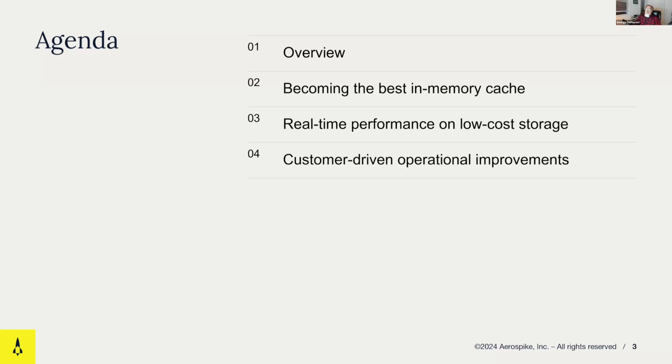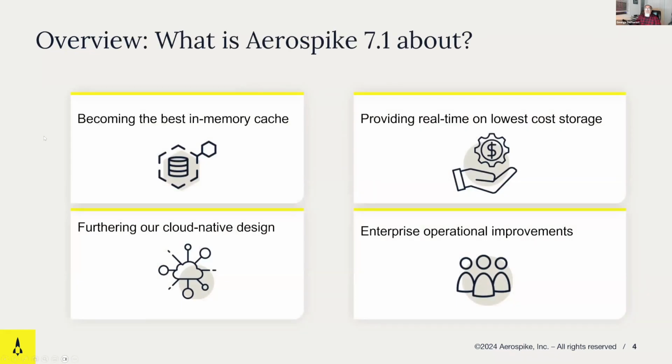Any Aerospike release has dozens of projects, big and small, but taken together, we've worked a lot to improve the operation and the support and the problem resolution for the product. So we'll cover those areas, and as I said, as you have questions, please feel free to ask. We're happy to answer them.